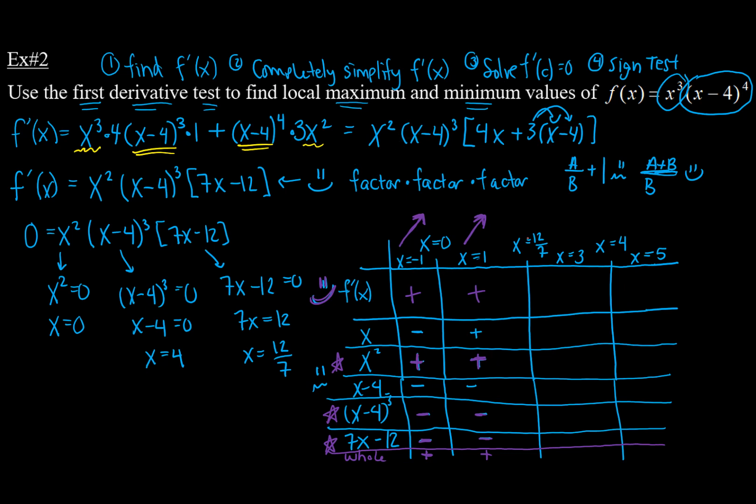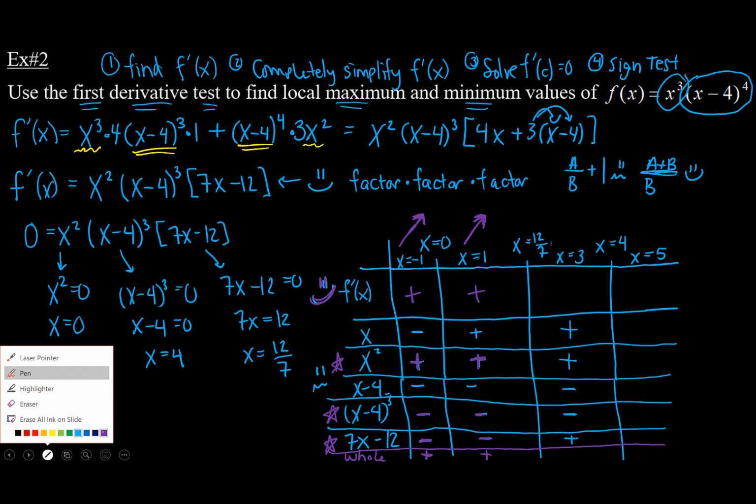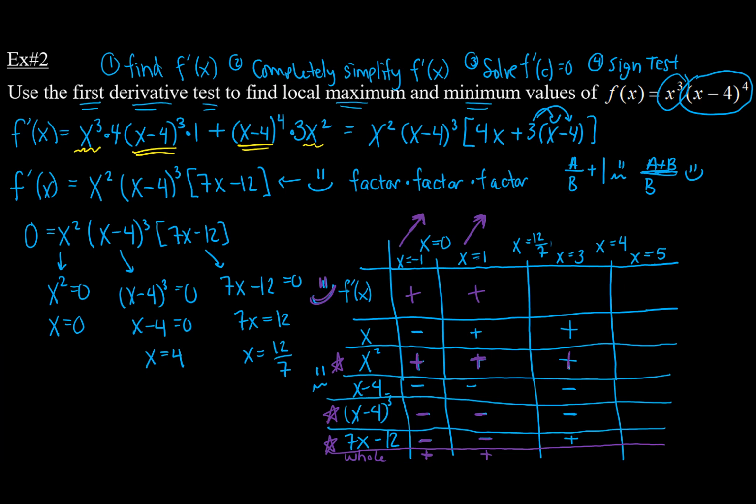I'm looking in between the critical numbers 12/7 and 4, so I'm going to plug in a positive 3. Plug 3 into x, I get a positive number. Plug it into x squared, I get a positive number. 3 minus 4 gives a negative number, and 3 minus 4 cubed gives a negative number. 7 times 3 minus 12 gives a positive number. Then I look at my cumulative effect: x squared times x minus 4 cubed times 7x minus 12.